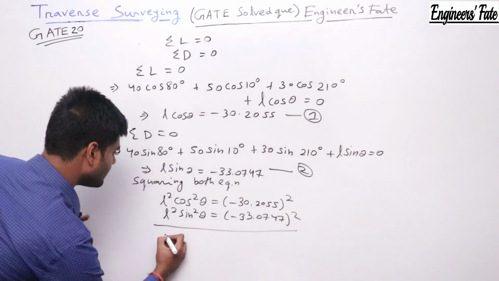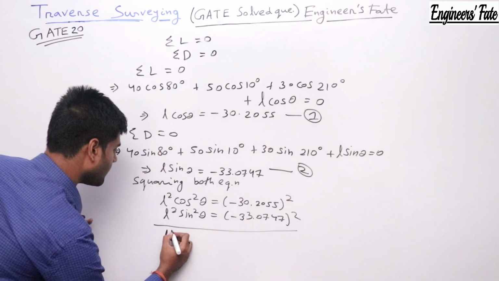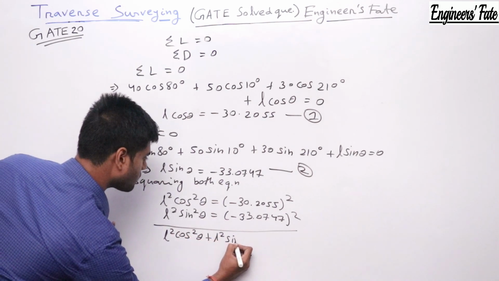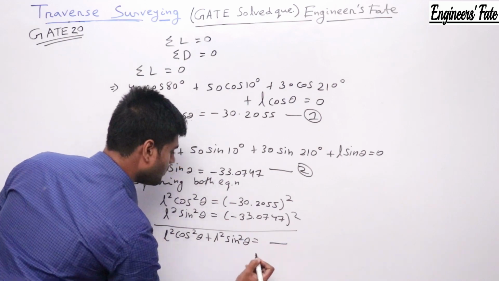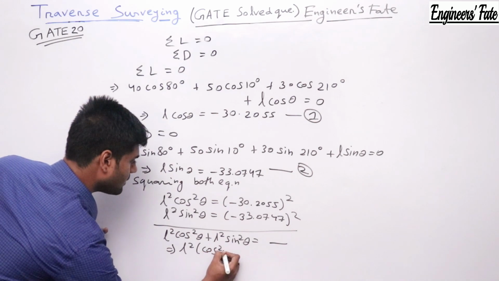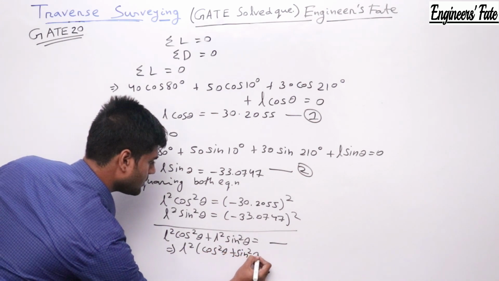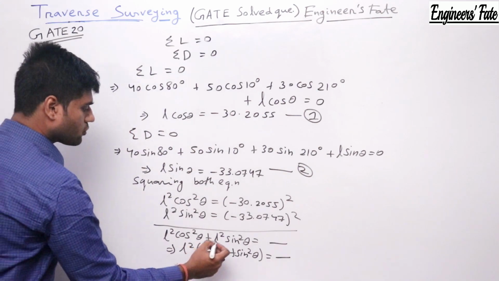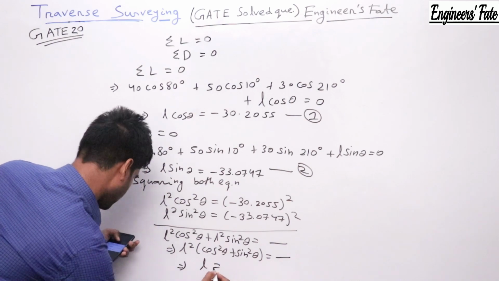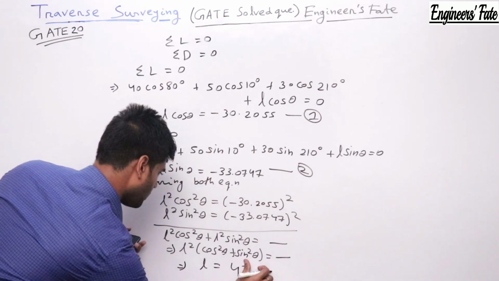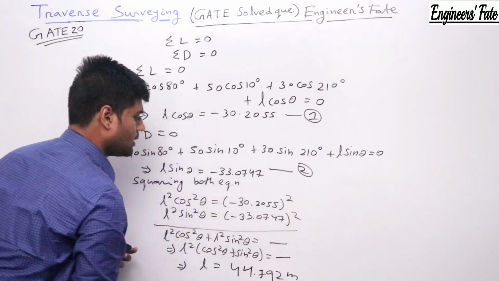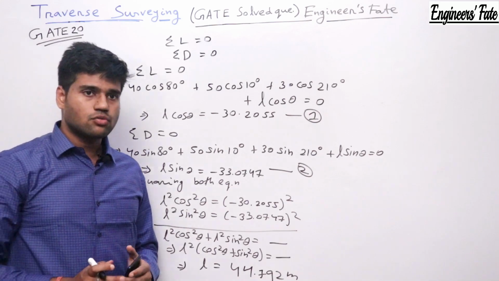If I add both, that will be L square cos square theta plus L square sin square theta equal to a value. I can take L square common, so cos square theta plus sin square theta will come as a value. Cos square theta plus sin square theta equal to 1. So that's why I can find the length value L equal to 44.792 meter. I hope you have understood this question.